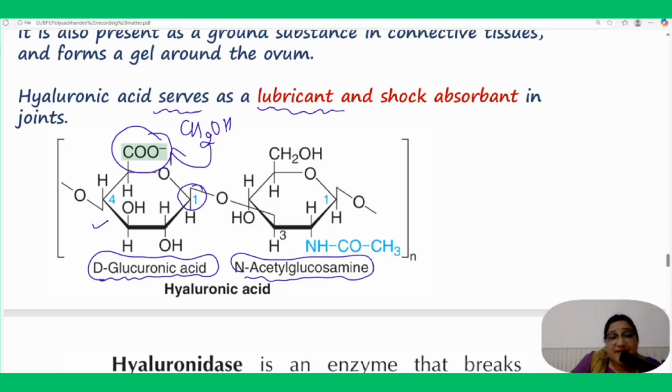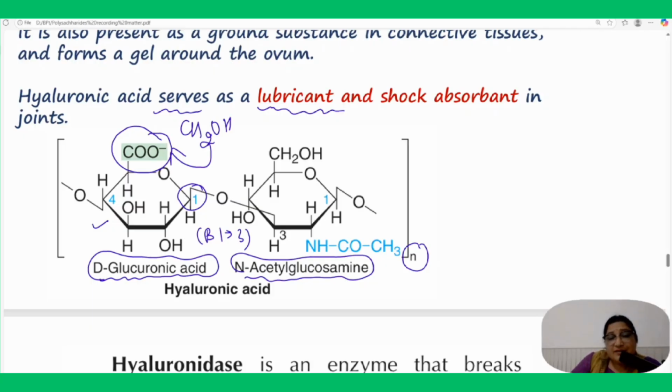Okay, and the linkage between glucuronic acid and N-acetyl glucosamine is beta 1,3 linkage. Now here we see we have enclosed this disaccharide in a bracket and put n number of disaccharides. So we can also say when the repeating disaccharide units form a polysaccharide.